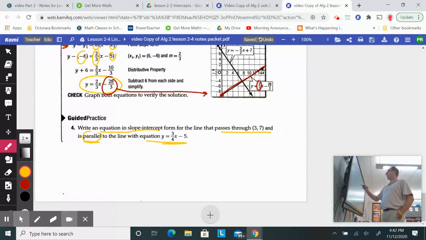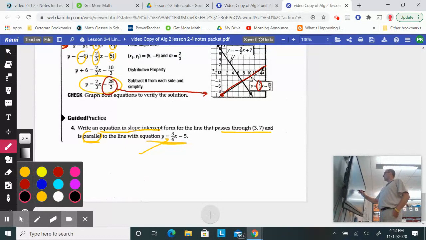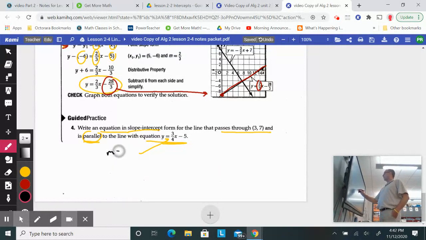So they're going to be parallel. I know the slope has to be the same as this one, so my slope is going to be 3/4. So I know m equals 3/4. Right away, my new equation in slope-intercept form is going to have 3/4 for the slope.